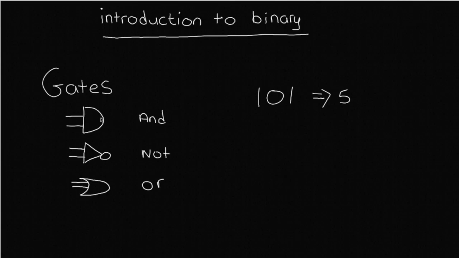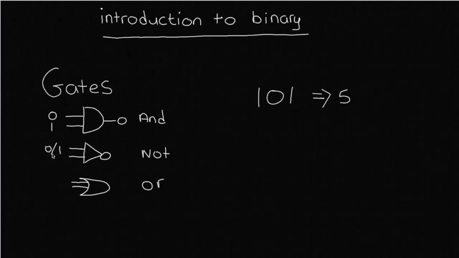So for example, the AND gate will take in 2 values. It could be 0 or it could be 1. And if these numbers are both true, we will get an output which will be either 0 or 1. In this case, these two would have to be the same, so they're not the same, so we get 0. A NOT gate takes in 1 value, so it could be 1 or it could be 0.